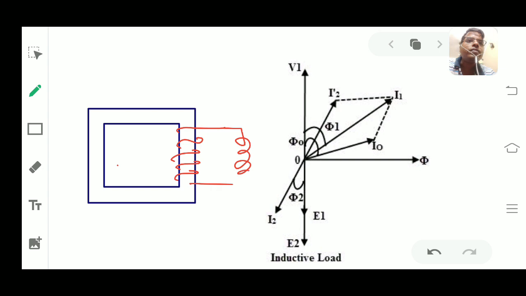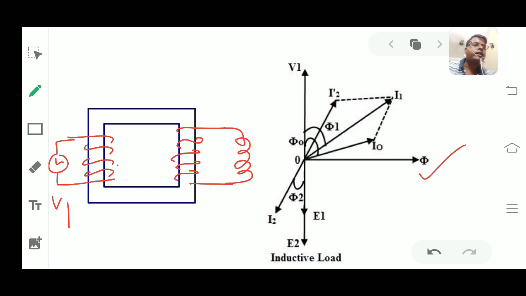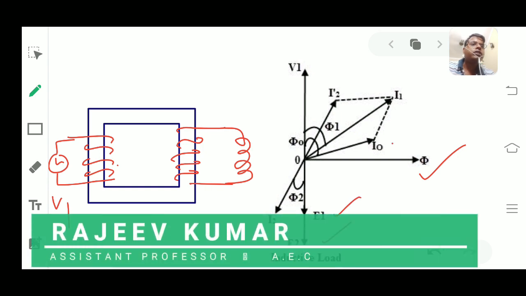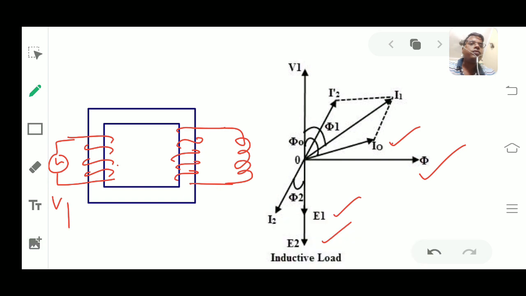We are adding some inductive load here, and in the primary, as usual, the AC source is added, which is V1. For this clearer picture, phi we are taking as reference, then E1 and E2 we are drawing. After that we draw the no load current. Now we draw this I2. This I2 has been drawn.